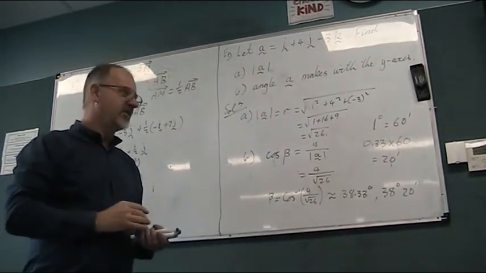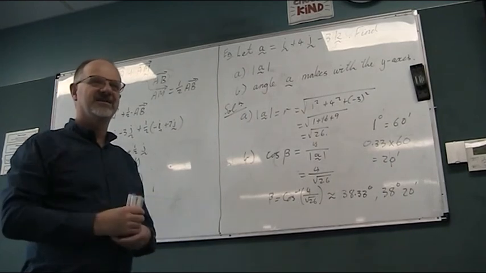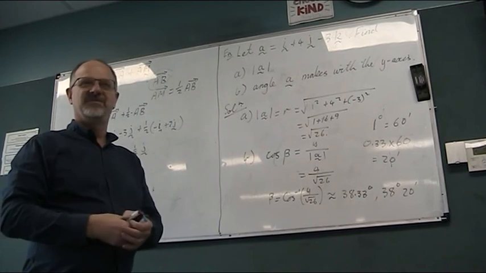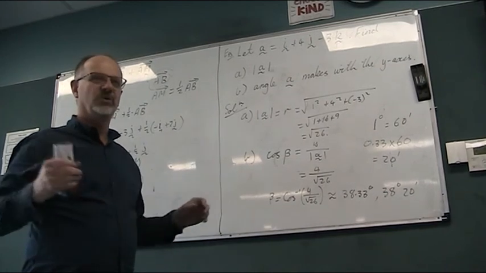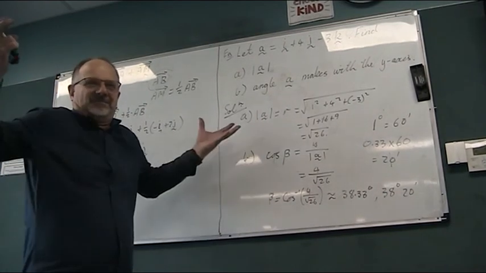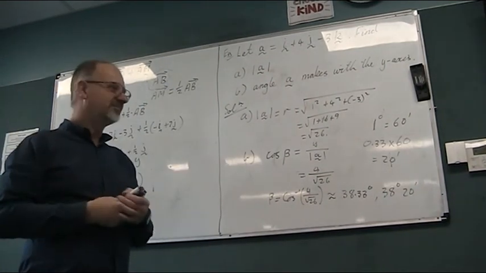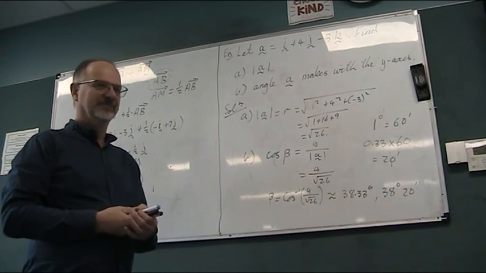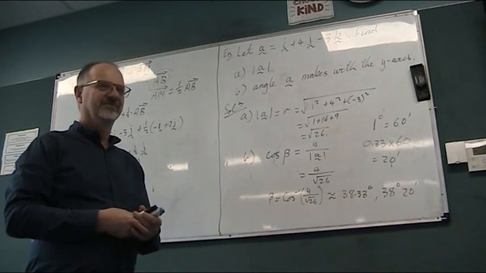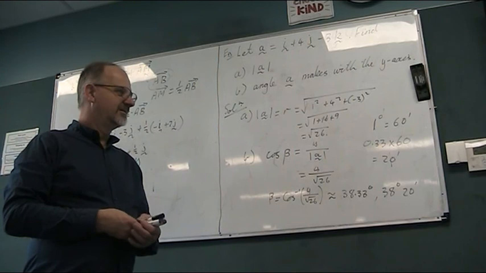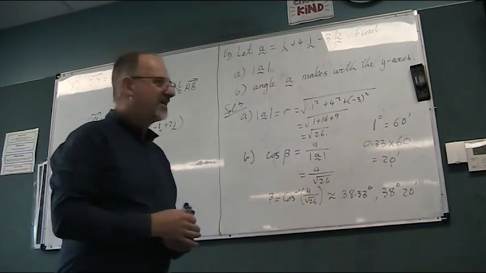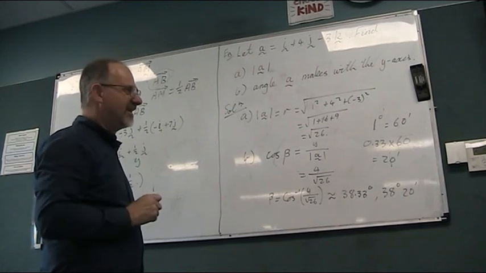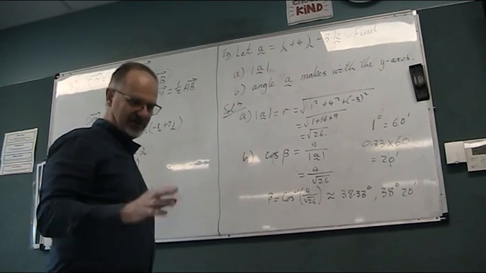Back in the ancient times, degrees, minutes and seconds, I thought that dividing it into bits of 60 was a good idea. Is that something you need to know? Yes and no. Because your calculator can convert.